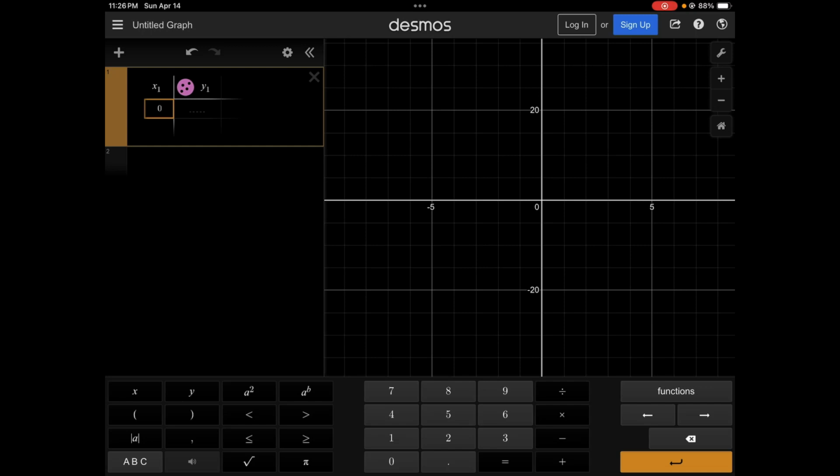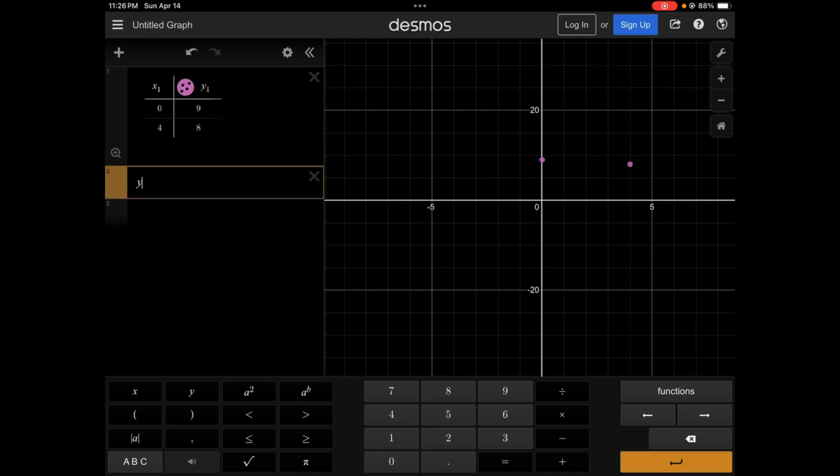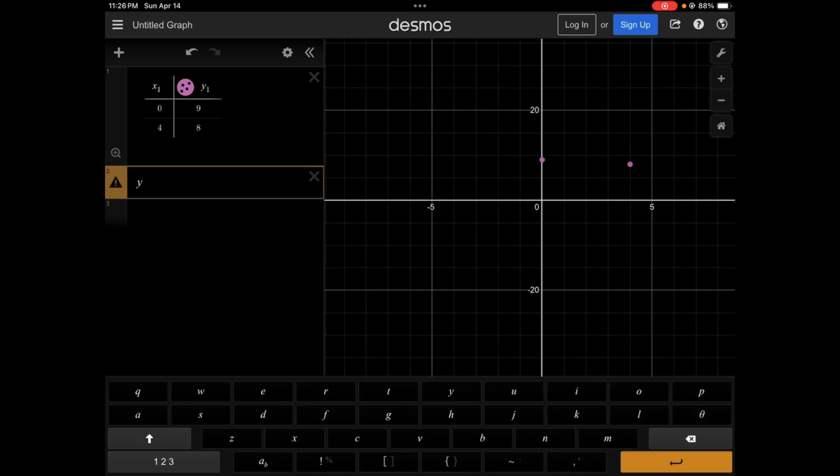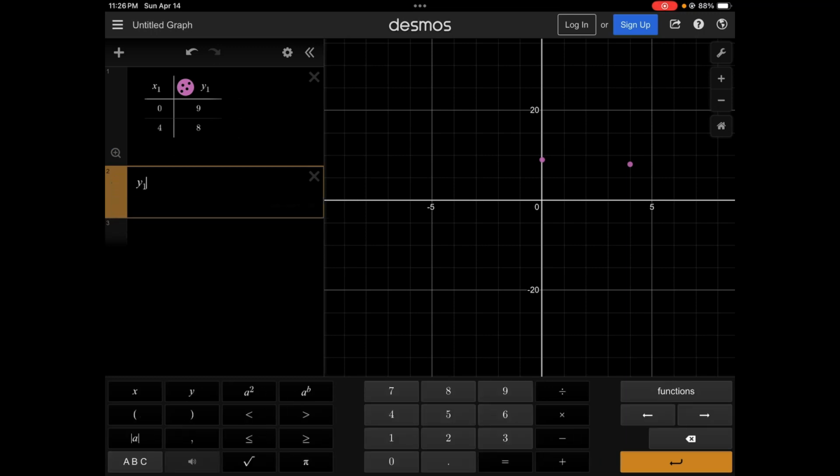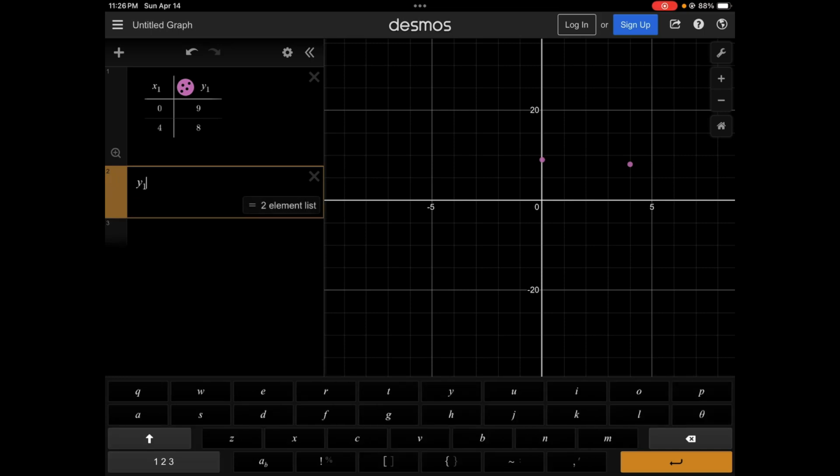So 0 goes with 9, and then 4 goes with 8. Again, I'm going to ask the calculator to help me figure out this equation, and there are other methods as well if you want to do it by hand.